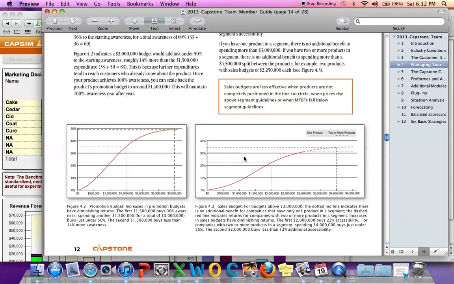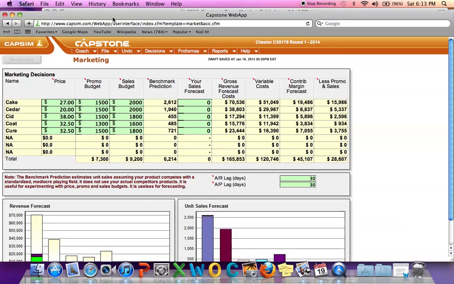Now, keep in mind again, and here's a little chart illustrating the fact, the budget above $3,000 is going to be a diminishing return. It's really not going to have any effect on the accessibility of your product if you spend above $3,000. So read all this down here at the bottom below this chart, and keep in mind that the first $2,000 buys 22% accessibility, and anything after that is going to taper off.